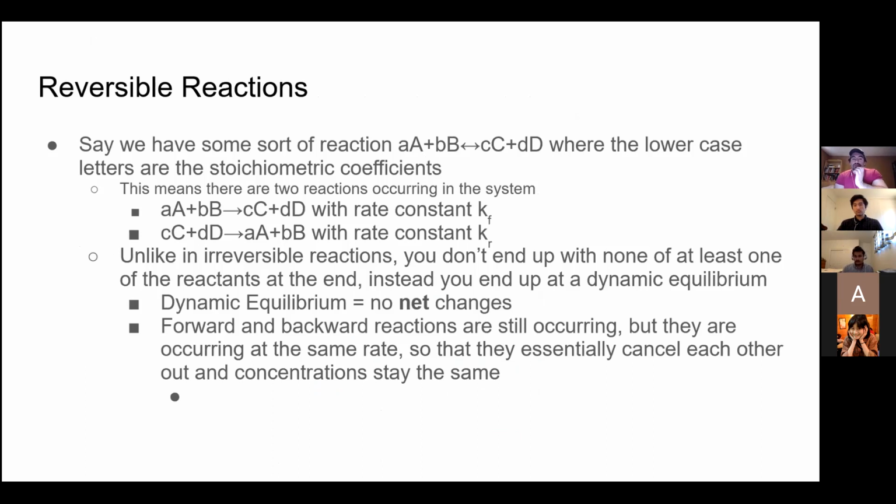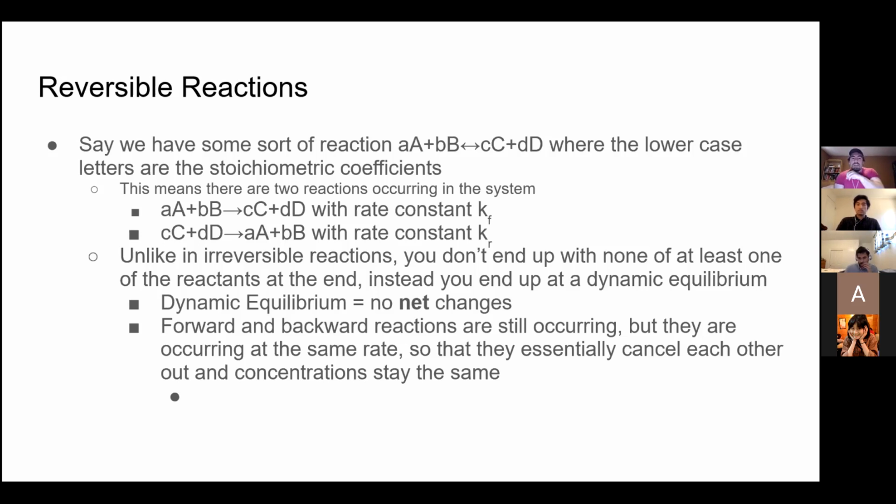So there's the forward reaction with a rate constant K of F, and similarly, a reaction that goes from the products to the reactants with a rate constant K of R. The difference is you don't end up using up all of your reactants at the very end when it stops changing, and you end up with something called a dynamic equilibrium, which we'll often just call an equilibrium.